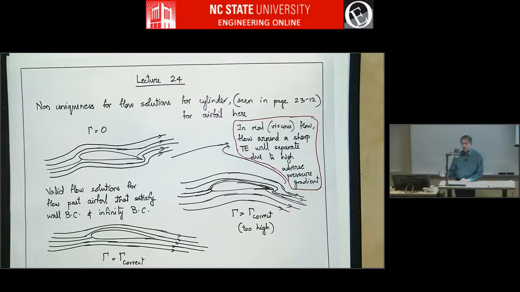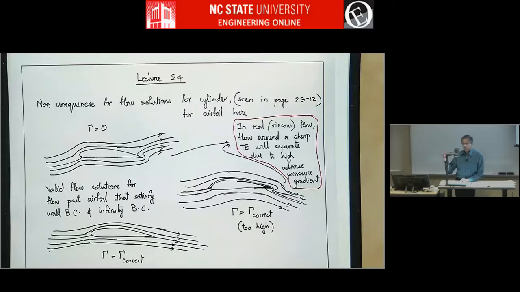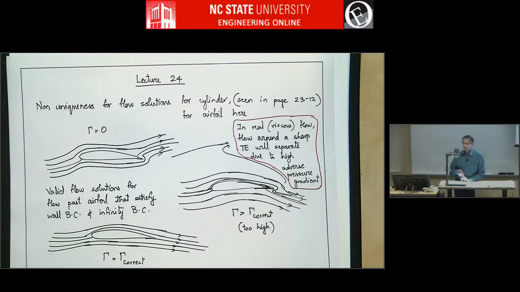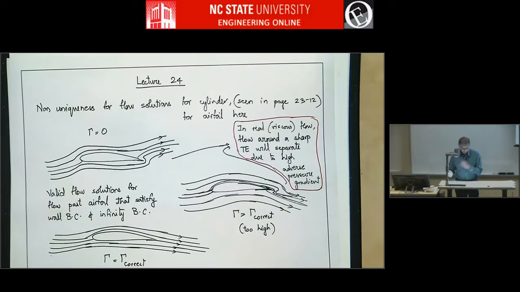So we are actually bringing one consideration from viscous flow to help us select the correct solution in inviscid flow so that it matches up with what's happening in real life. Okay, so this is called the Kutta condition, and so let's write this out.